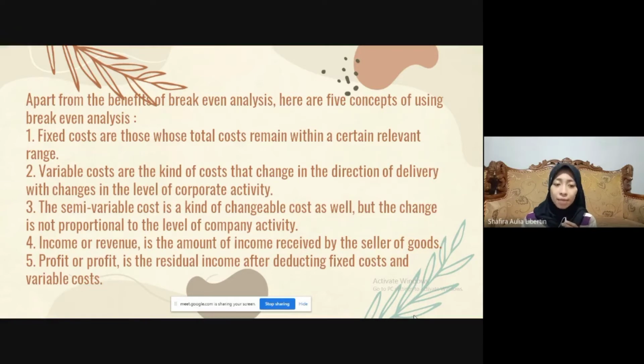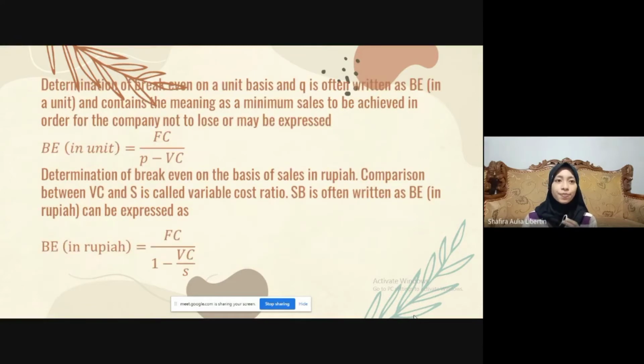The third is semi-variable cost, a changeable cost as well, but the change is not proportional to the level of company activity. Then income or revenue, the amount of income received by the seller of goods. And the last is profit, or residual income after deducting fixed costs and variable costs.